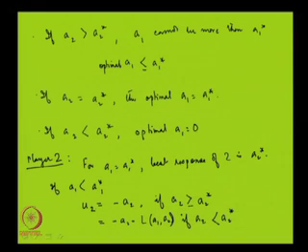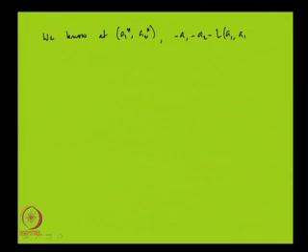Now, to show that, first let us again remember that at A1 star and A2 star, this function is being maximized.